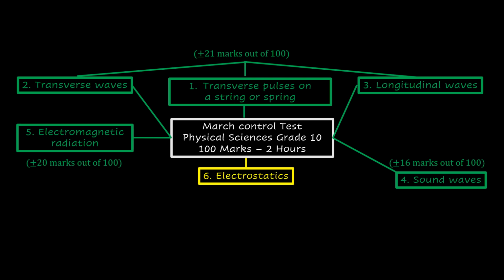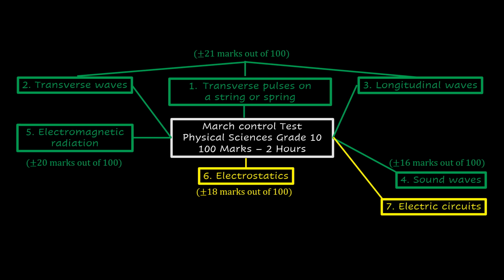Now, topic number 6 will be electrostatics, and typically it would carry about plus or minus 18 marks out of a possible 100. Topic number 7 is electric circuits. This topic carries quite a lot of marks, so plus or minus 25 marks out of a possible 100.